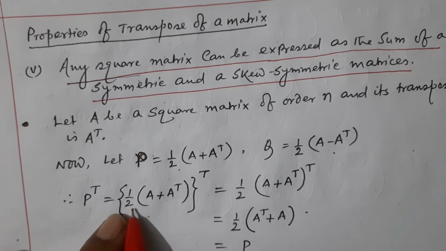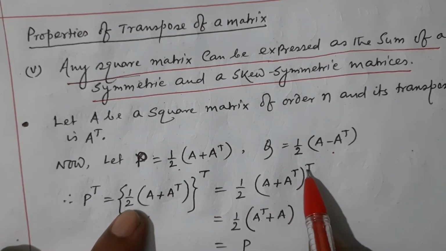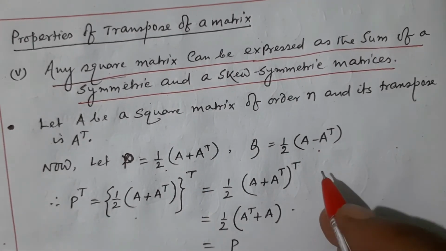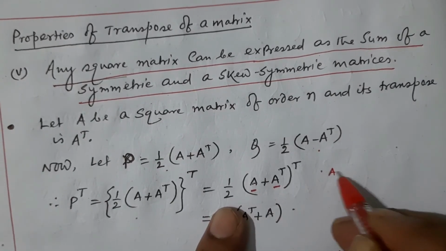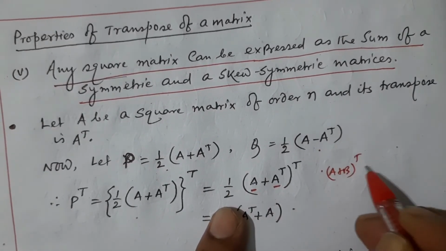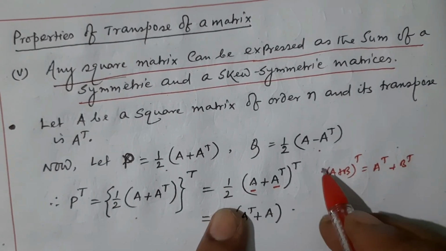The half is a scalar quantity, so it stays outside the transpose. Then we have (A plus A transpose) whole transpose, and we apply the addition rule. We know that (A plus B) whole transpose means A transpose plus B transpose. We apply this formula.